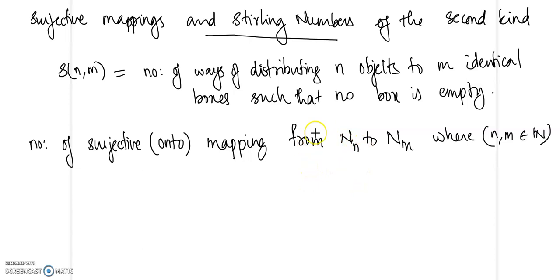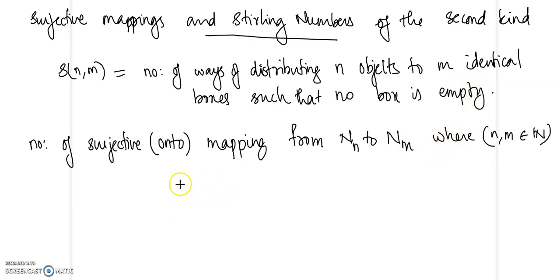So it is like the number of ways of distributing n objects into m boxes such that there is no box which is empty. Now the difference here is, when we write S of n m, the m boxes are identical, but here the m boxes are distinct.